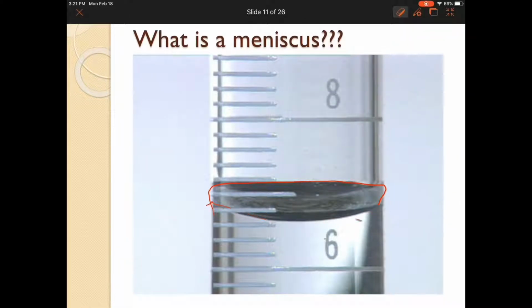What's happening there is, due to surface tension with the water, it's bulging down because it's attracted to the sides. So when we read from our graduated cylinder and from our liquid measuring cups, we need to read at the bottom, right down here. Because if we don't read at the bottom of that, then we're not going to get an accurate measurement.